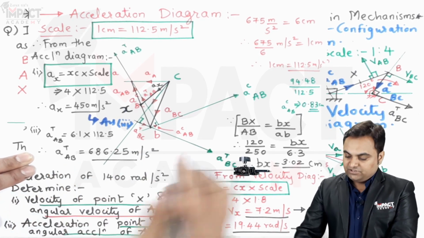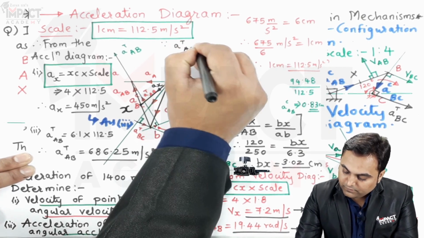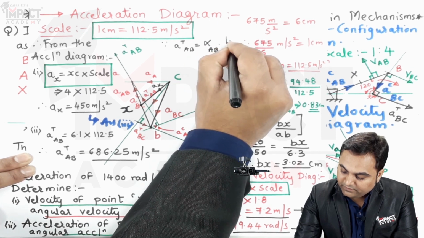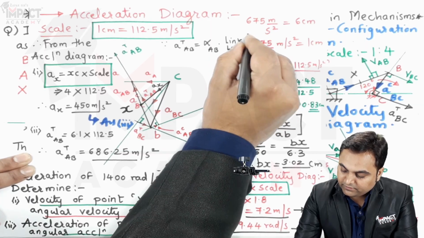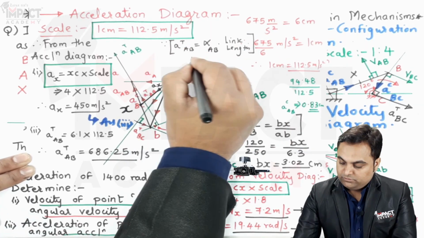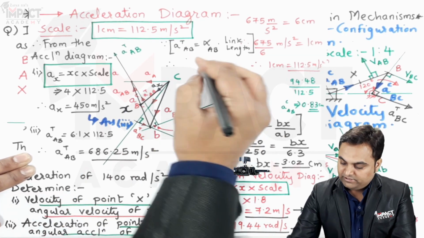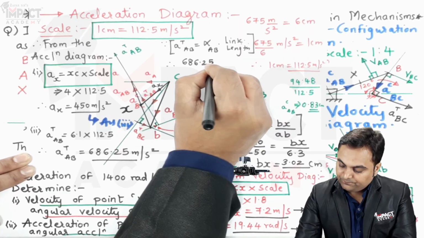After getting the tangential acceleration, since the tangential acceleration is the angular acceleration of the link multiplied by the link length, and here the link is AB, we have to take the length of AB. So therefore the tangential acceleration value we have here is 686.25.